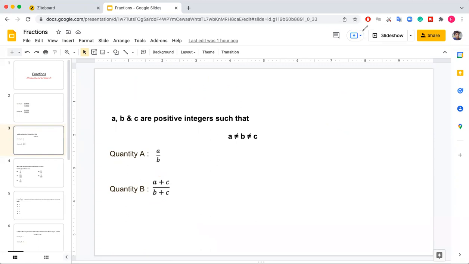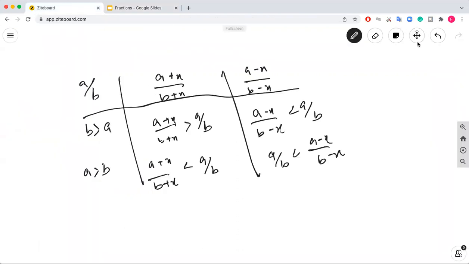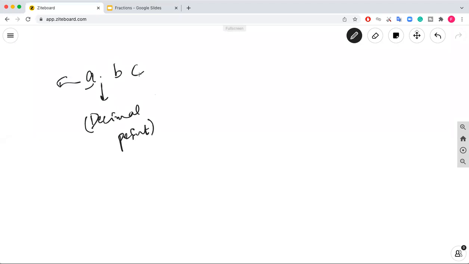Okay, so the next thing is very interesting, and that is conversion of decimals to fractions. So what exactly are decimals? For example, we have a dot b c. This is the decimal point, this is the integer part, and this is the fraction part.